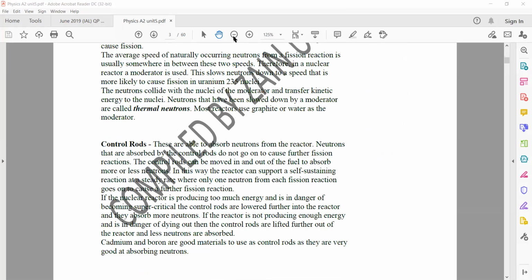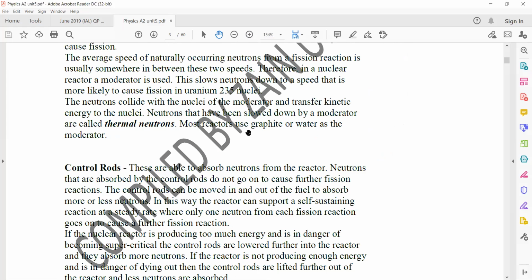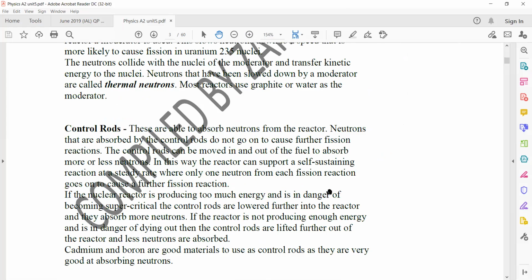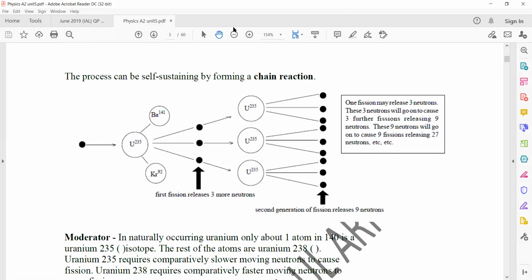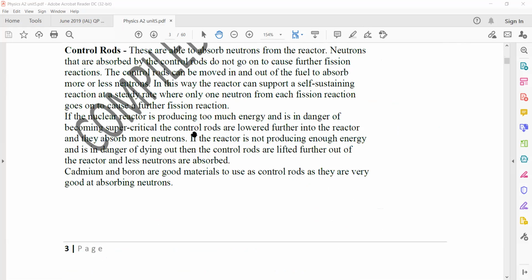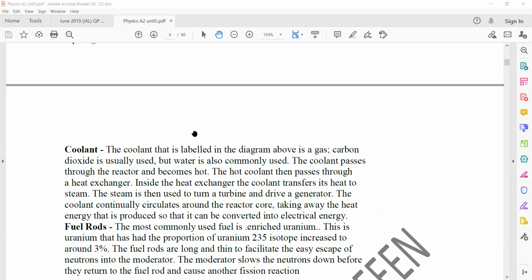For controlled fission we use control rods, which can be cadmium or boron rods. How can we control this? By absorbing these neutrons. If we are able to stop these neutrons from causing further fission, we can control the rate of the fission. For that purpose we use cadmium or boron.